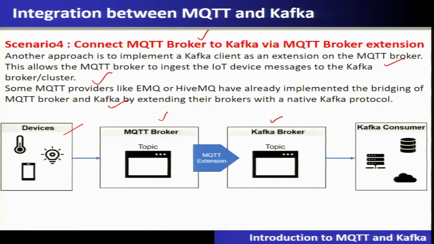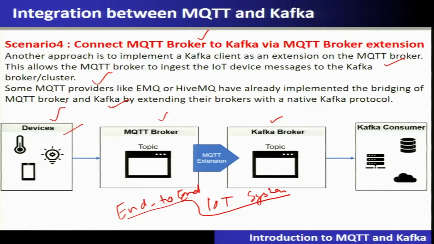An end to end IoT system means that on one end are the devices, and on the other end you have to store the data in data centers in the cloud.